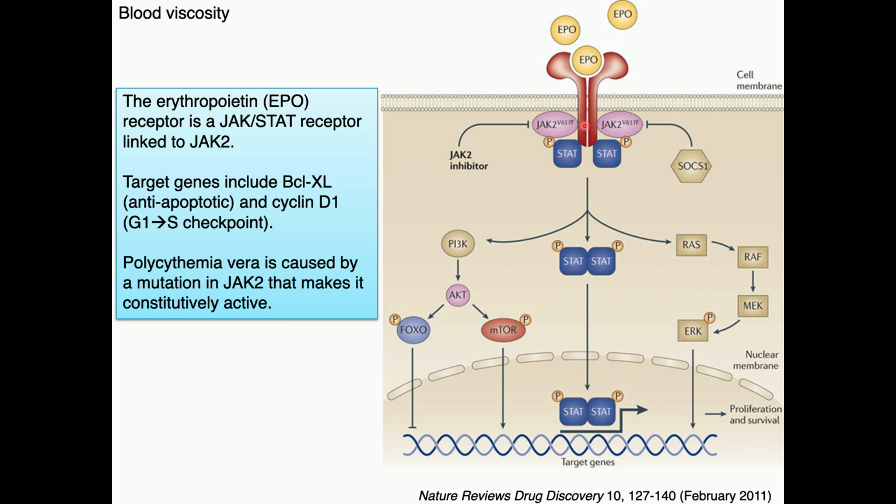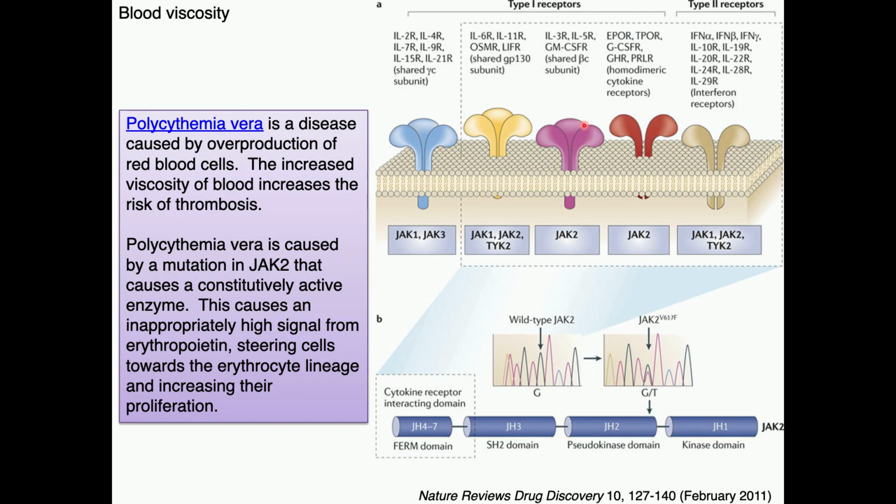All right, so there are conditions where we have too many red blood cells, and our blood is too viscous, and that can cause problems with the vasculature, as you can imagine. So polycythemia vera is a condition of elevated red blood cell production due to gain of function mutations in the JAK2 gene.